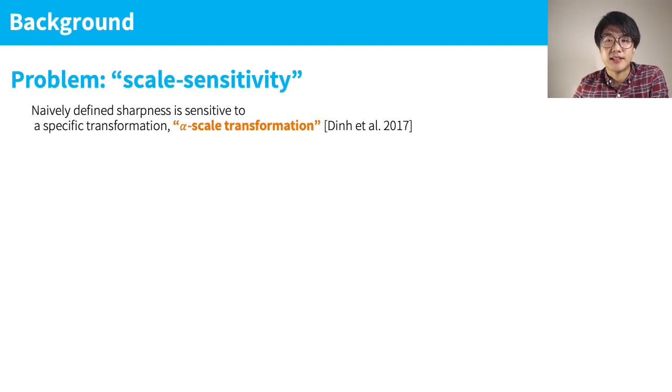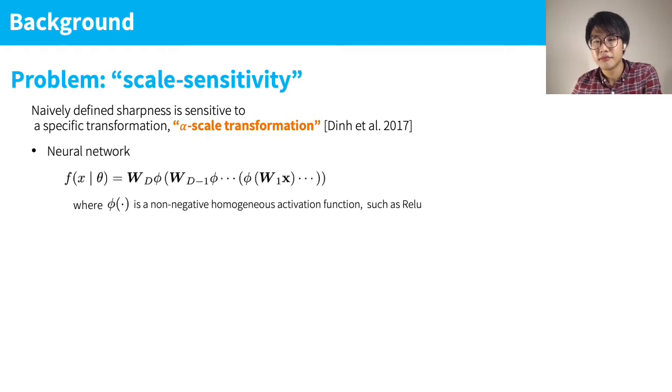Naively defined sharpness is known to have nuisance sensitivity to a specific transformation called alpha scale transformation. Then, what is alpha scale transformation? Consider a neural network which has D layers with weight parameter W and activation function phi.